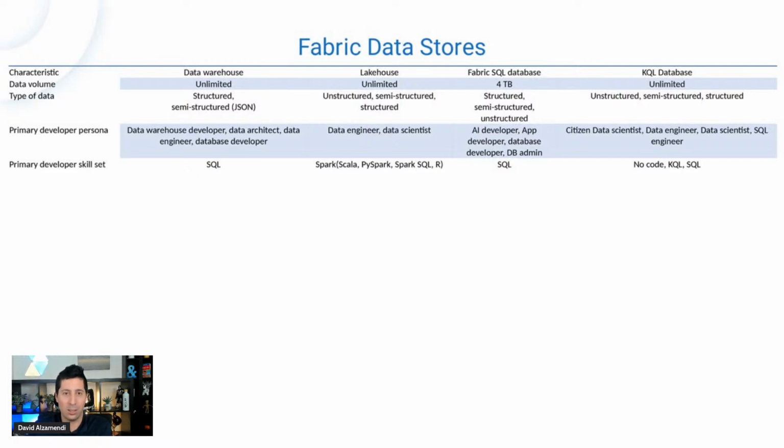But the current skill set of your team cannot drive a decision that might have an important outcome within your organization. So if you're thinking about choosing the warehouse just because your team knows Transact SQL, I would challenge you to actually explore first what's the best fit for the organization.